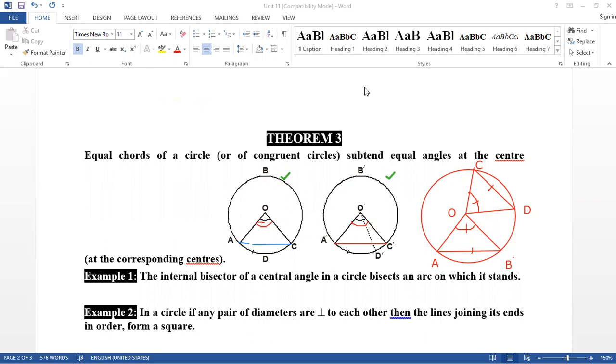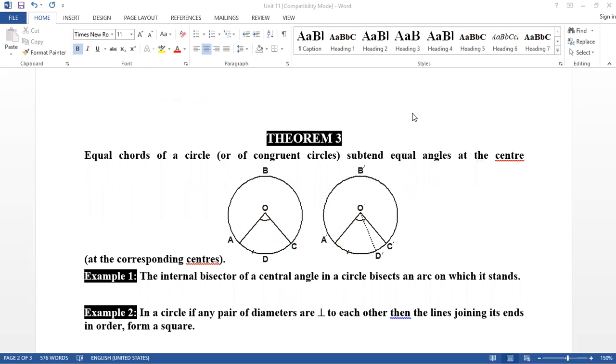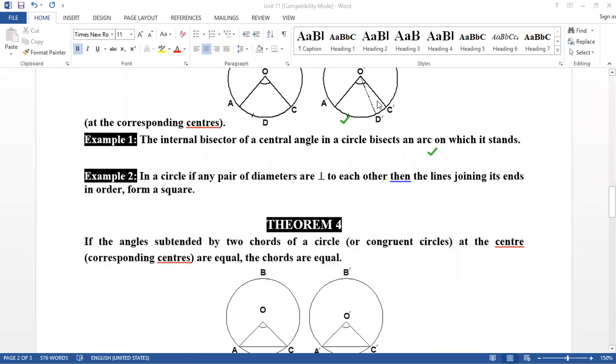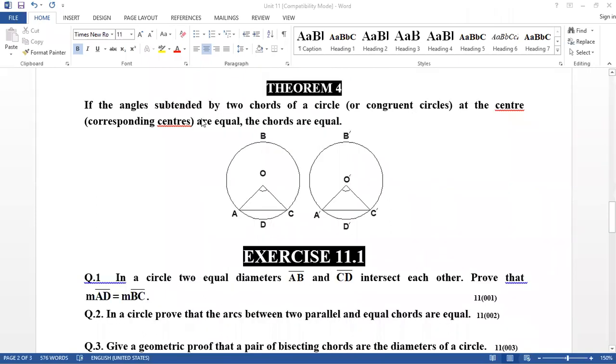I will just share it with you, and then we will move ahead because we have to solve questions. Now if we look at the fourth theorem, I will just read it.